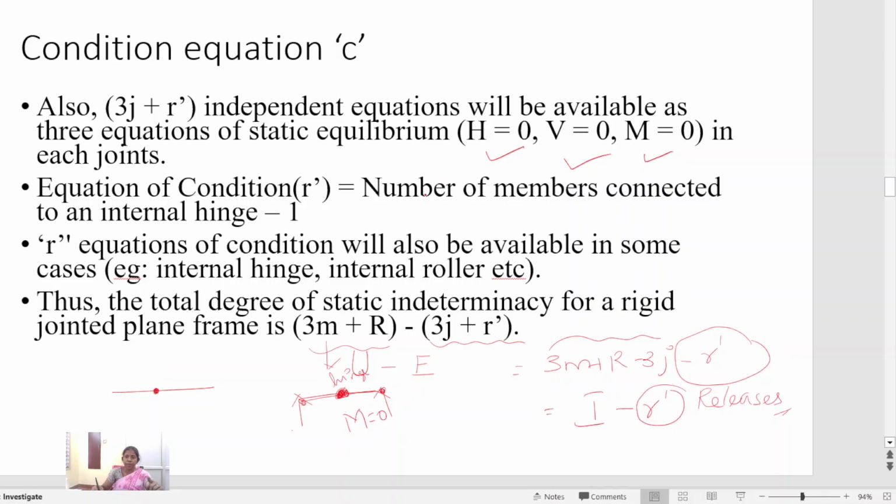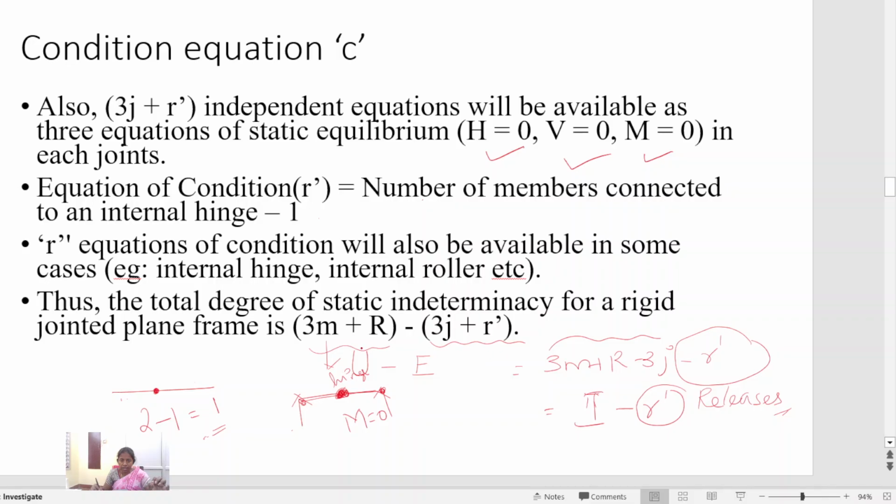The number of members connected to an internal hinge minus 1 is the r dash. How many members? Two members connected at one hinge. So 2 minus 1 equal to 1. So one release can be given to the indeterminacy value to make the structure determinate.